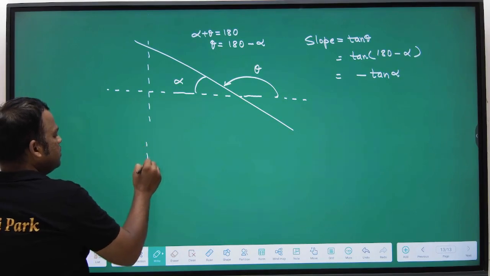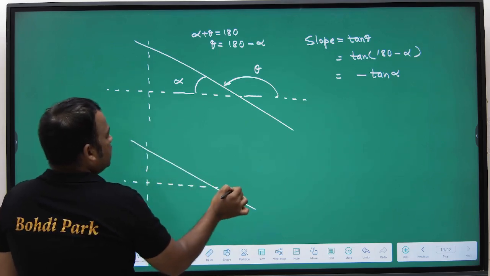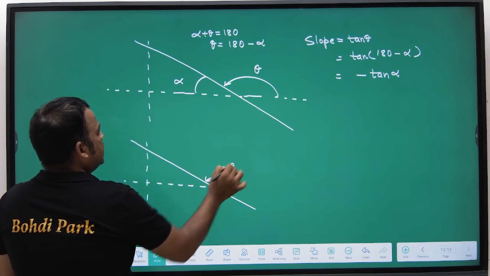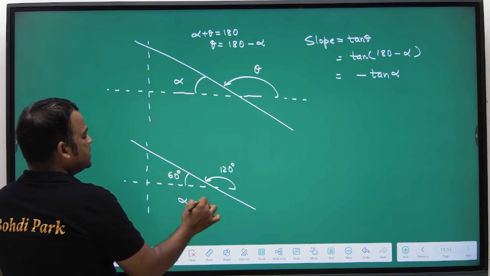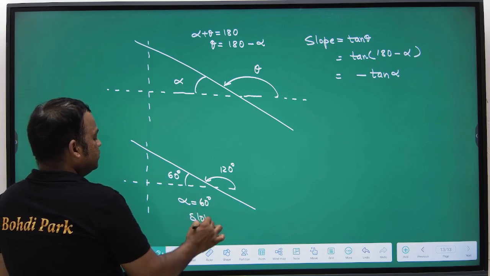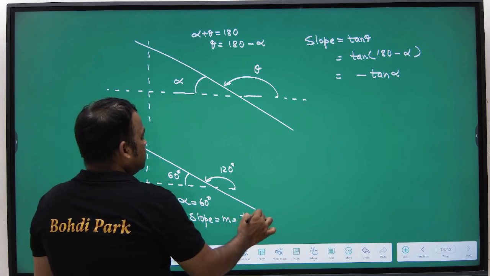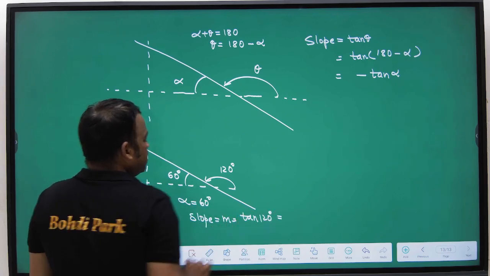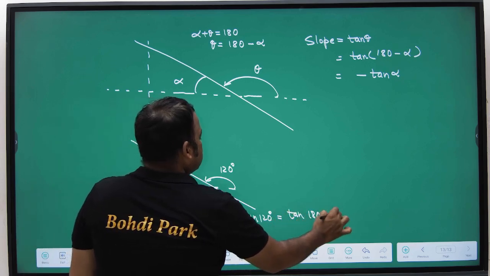Let's take one example. Suppose this is the straight line and this angle is given as 120 degrees, so this angle will be 60 degrees. So over here alpha is 60 degrees, so the slope m is equal to tan 120 degrees. Tan 120 degrees can be written as tan of 180 minus 60.